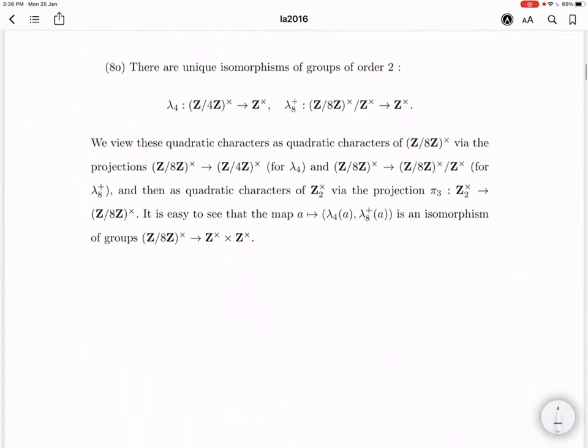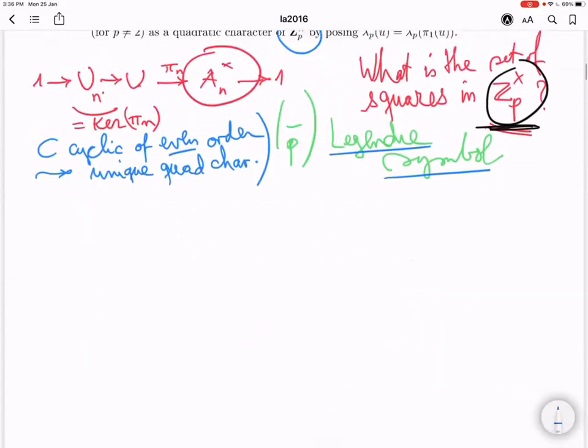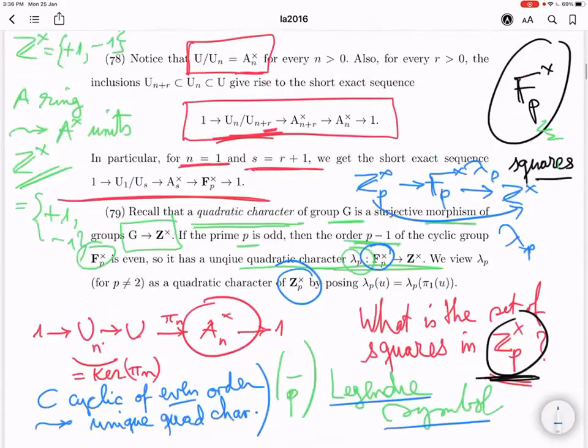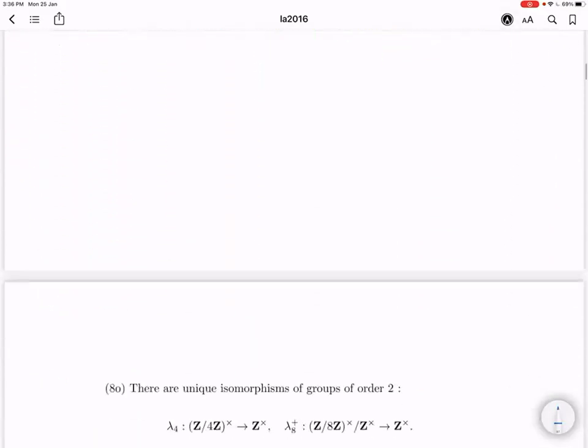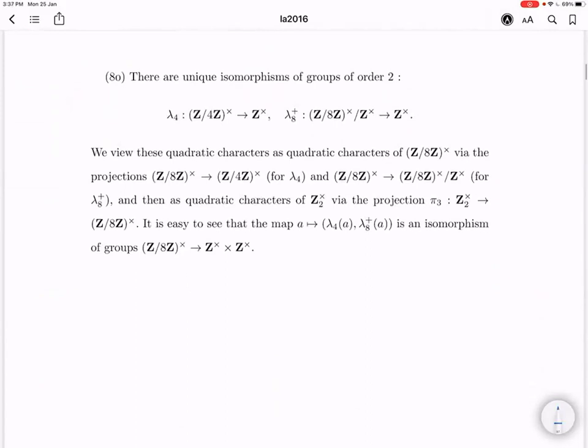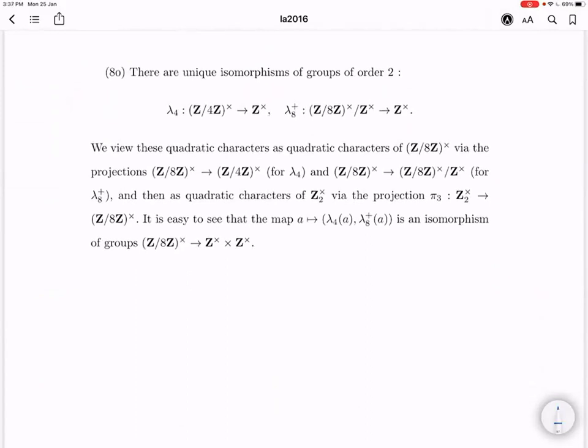Okay. Now, at some point I had the hypothesis that the prime p is odd. What happens if p is 2? Let's first recall that this group (Z modulo 4Z) star consists of +1 and -1, right? It's a group of order 2. This is also a group of order 2. So there's a unique bijection.